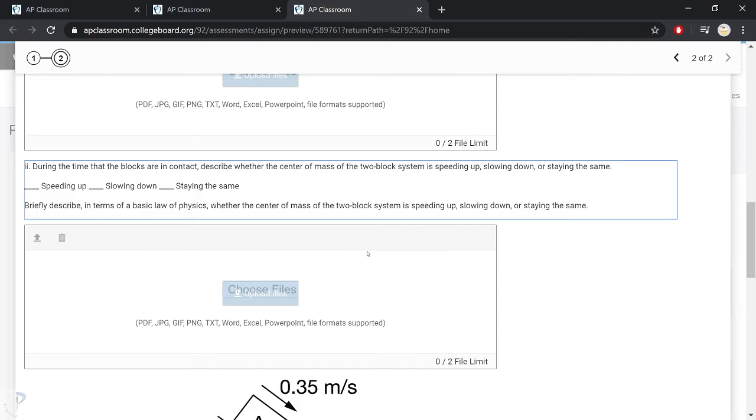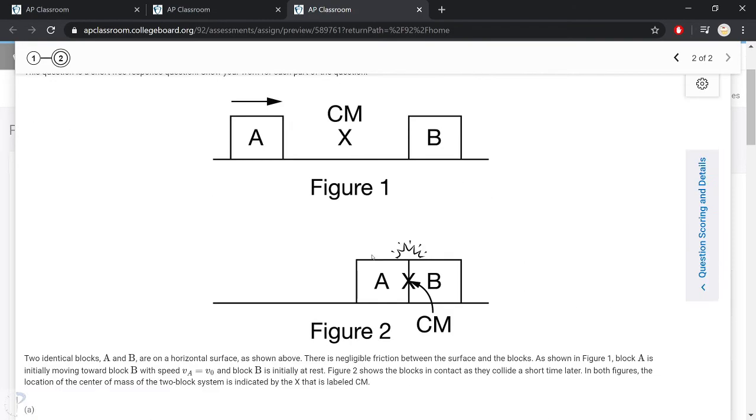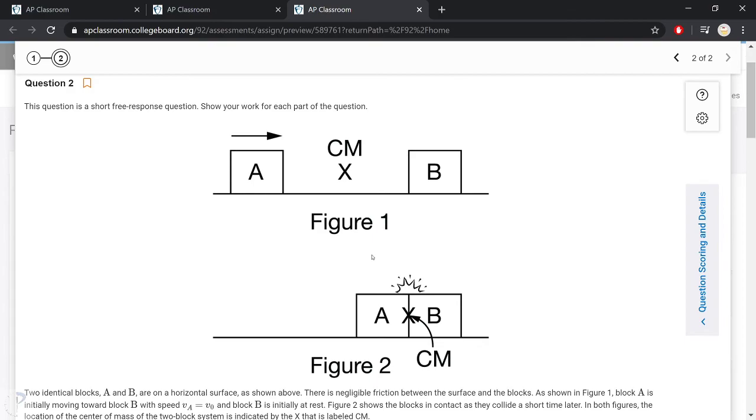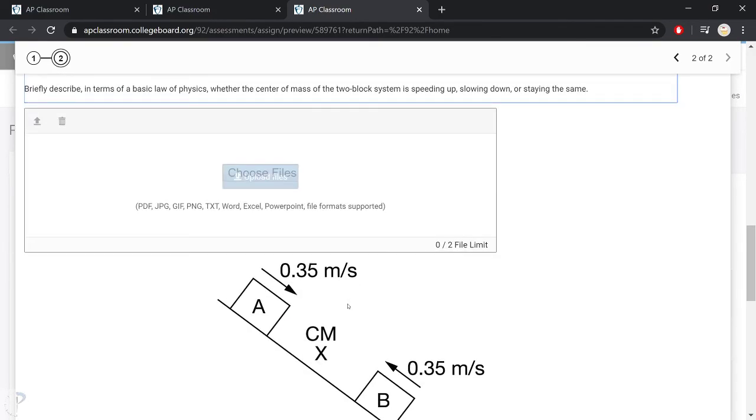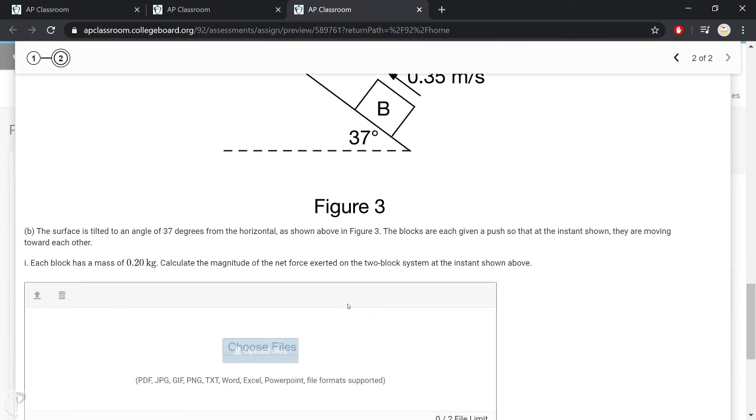So we want to talk about the center of mass. Let's see. Is momentum conserved in this thing? Well, during this collision, momentum is conserved if there's no external force. The impact force is an internal force.